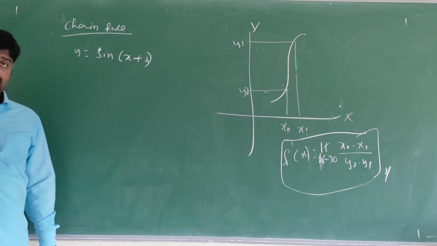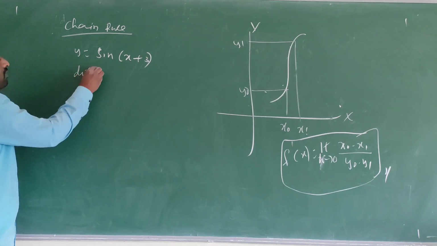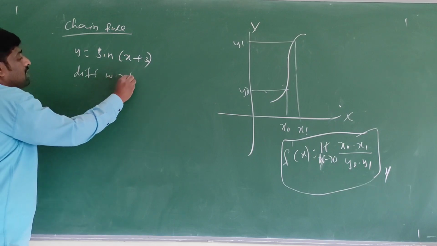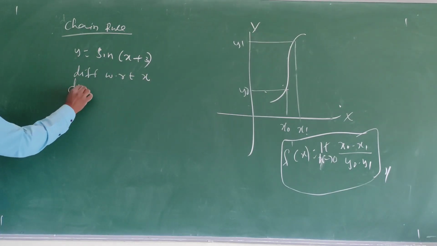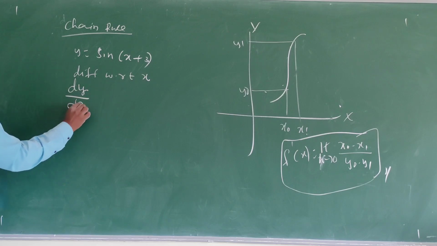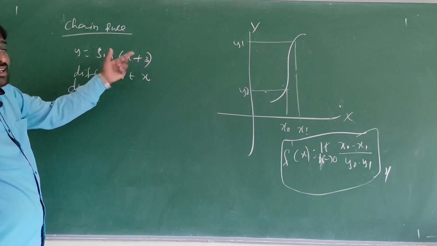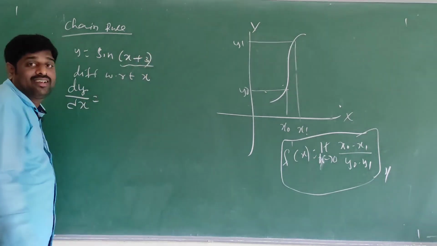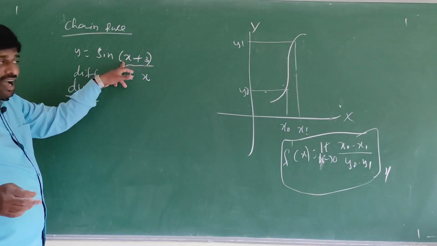Here chain rule means I differentiate with respect to x. The differentiation of y is dy by dx. Observe, children, I will take this whole thing as x, or assume this is x or y.